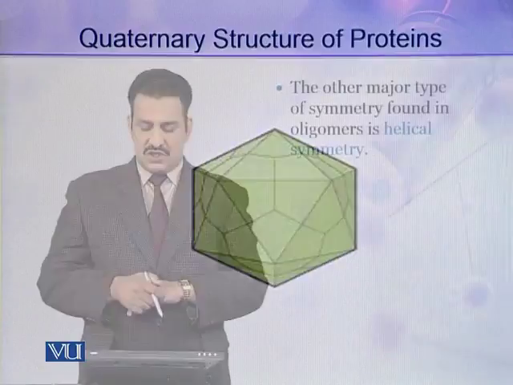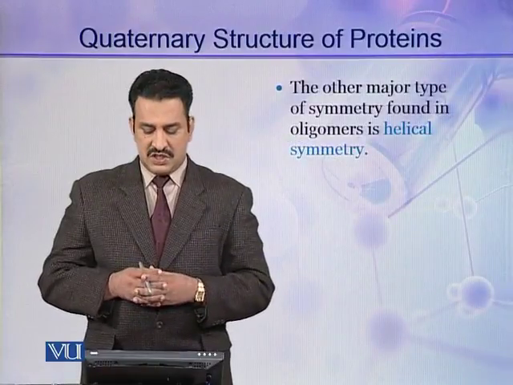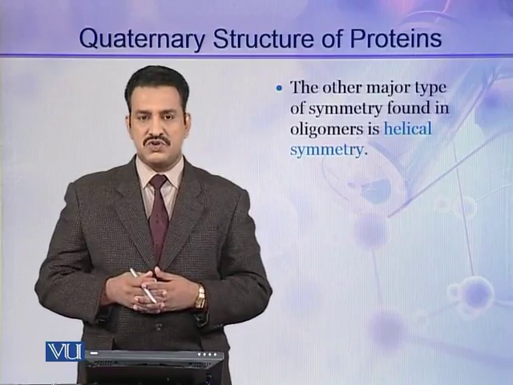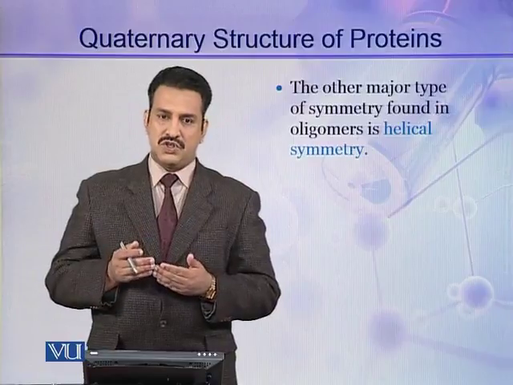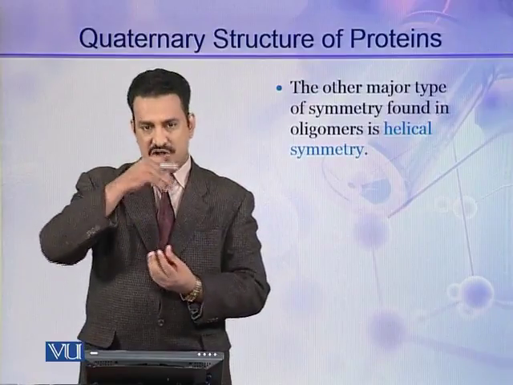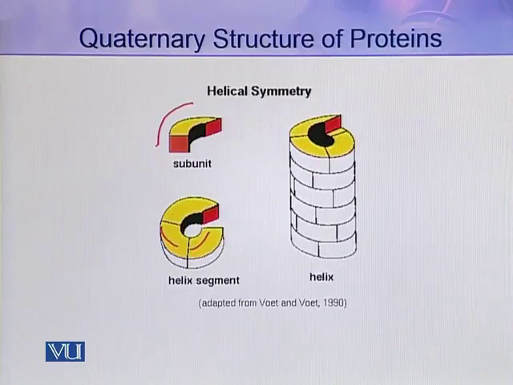The other major type of symmetry besides rotational symmetry is helical symmetry. In helical symmetry, these protein subunits or protomers are helically arranged. For example, in this figure you can see this is a single protomer, and these protomers are attached together and form a single helix segment.